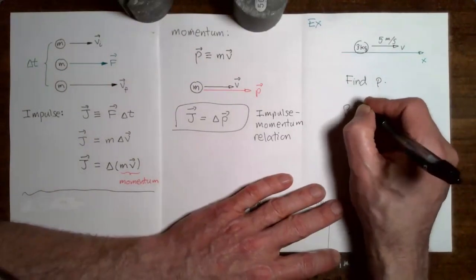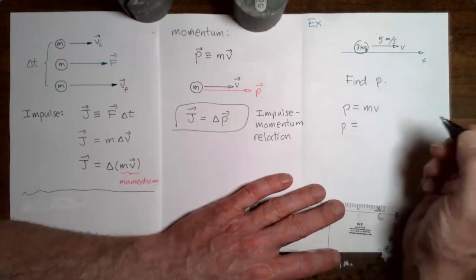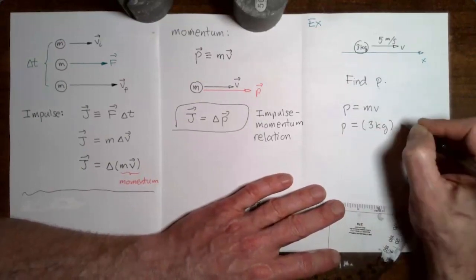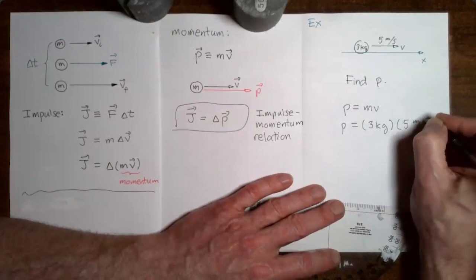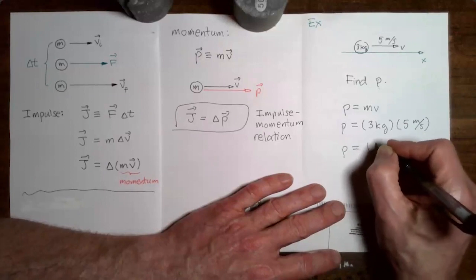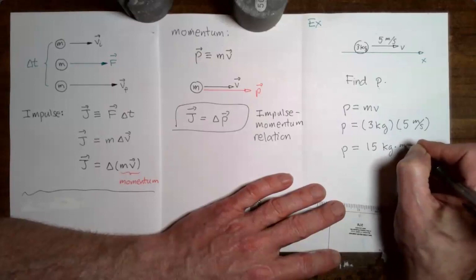So let's write down the formula for momentum. P equals mv, and this is just a straight substitution. The mass would be 3 kilograms, then the velocity 5 meters per second. So the momentum would be 3 times 5, 15, and then the unit, kilograms times meters per second, we just leave like that.